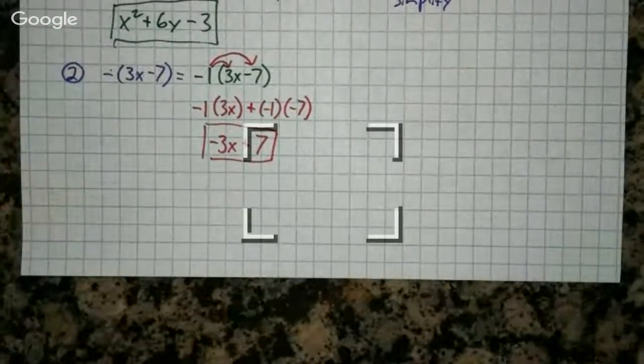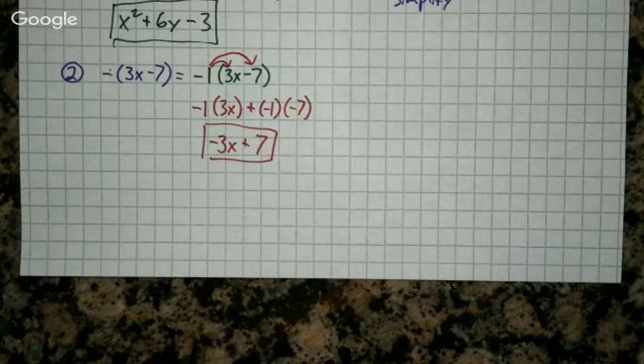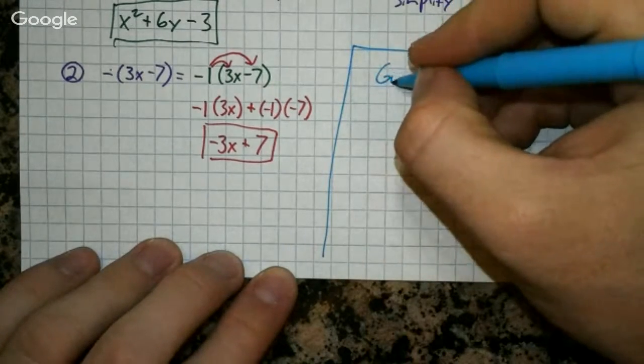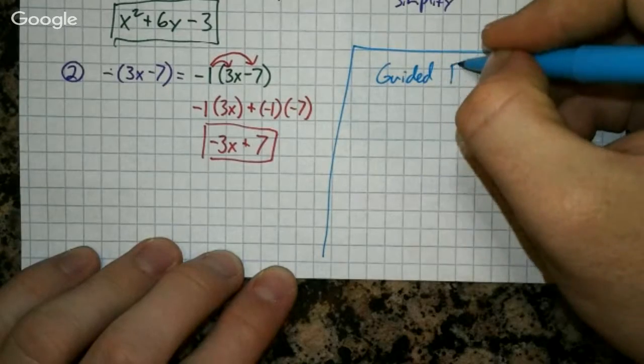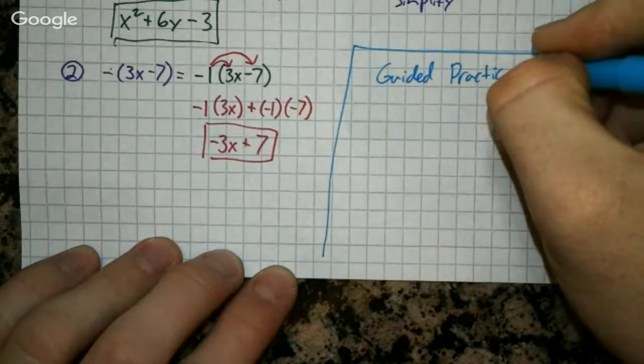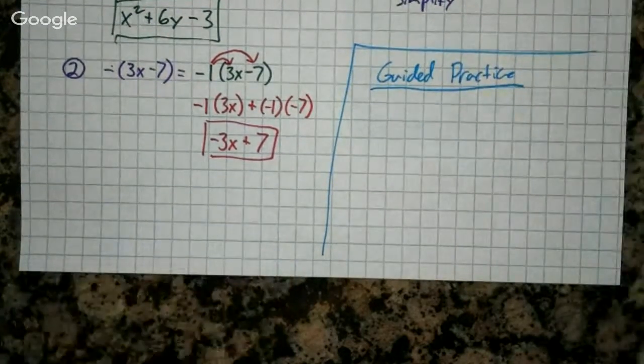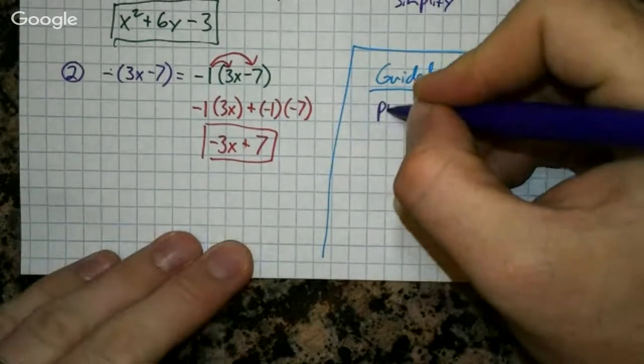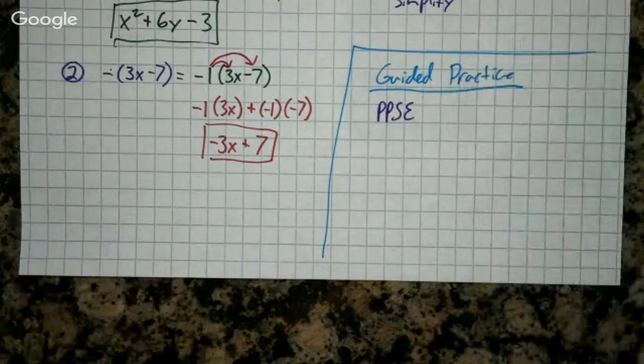So now comes the important part, where I'm going to explain how we're going to be doing our independent practice differently, because I found something super cool. So looking over here, I'm going to go ahead and say guided practice. And your guided practice, as before, is going to be PPSE, which is those practice questions that are there.